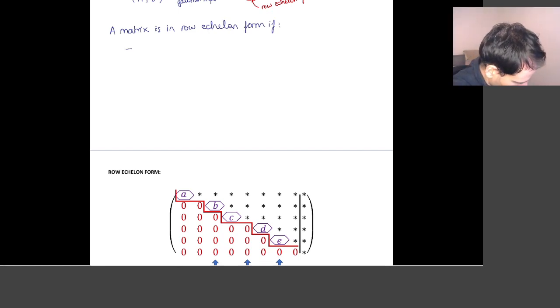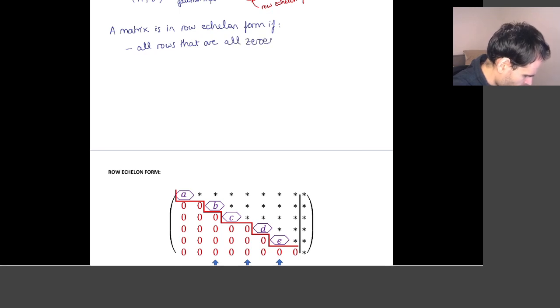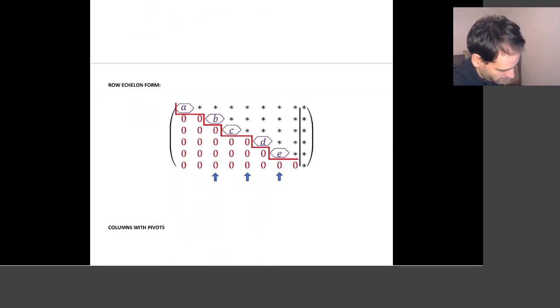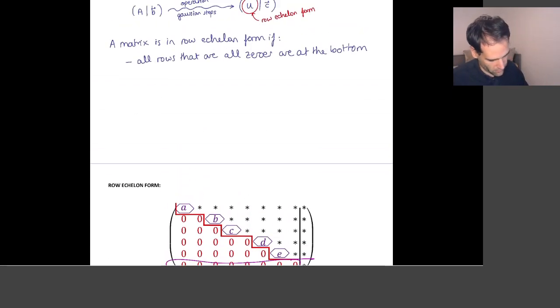First condition, all rows that are all zeros are at the bottom. That is the first condition, okay? So in this case, we have one row in which all of the coefficients are 0, and that row is at the bottom. Good. So we fulfill the first condition. That's the easy condition. The second condition is a bit more complicated.